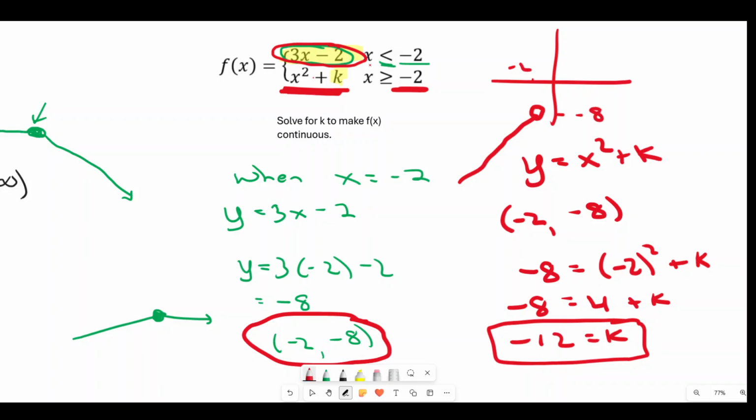And if we were to graph the function y equals x squared minus 12, that function would have a point here, and then it would do something like this. But because this point fills in that open circle, it's a continuous function, and it's continuous everywhere.